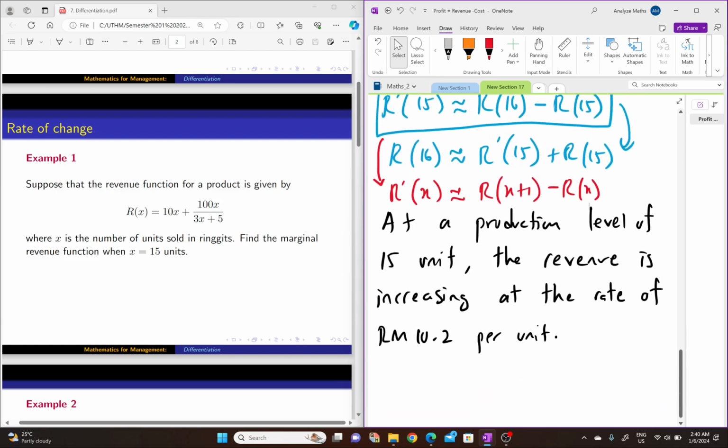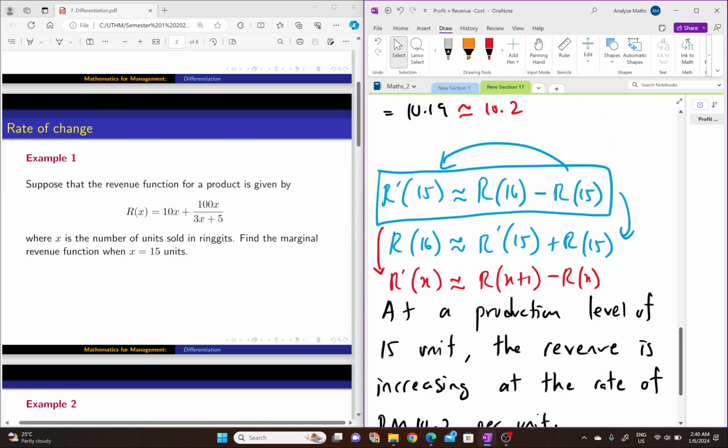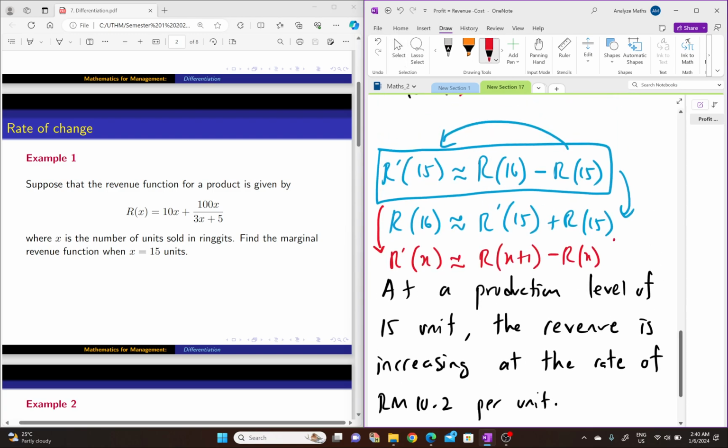Okay, at a production level of say 15 units, the revenue is increasing at a rate of 10.2. That's the interpretation you have to give. In other words, if they ask what is the revenue of 16 units, you can use this formula here, this one.